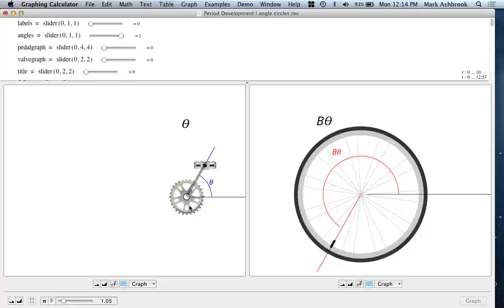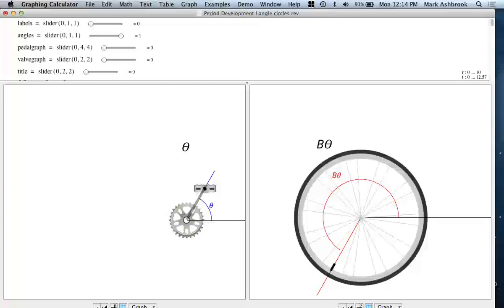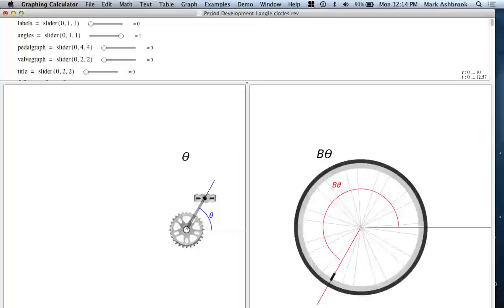Good. Okay. So again, 1 radian of pedal angle results in the tire valve or the tire turning 4 radians. Okay?